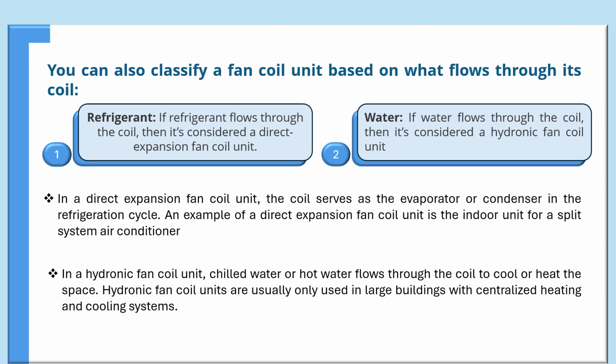An example of a direct expansion fan-coil unit is the indoor unit for a split system air conditioner. In a hydronic fan-coil unit, chilled water or hot water flows through the coil to cool or heat the space. Hydronic fan-coil units are usually only used in large buildings with centralized heating and cooling systems.